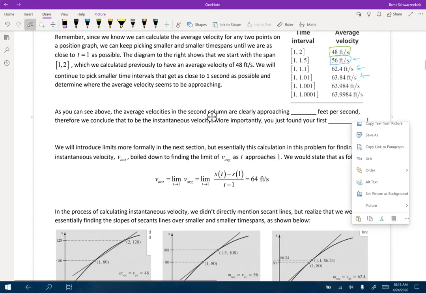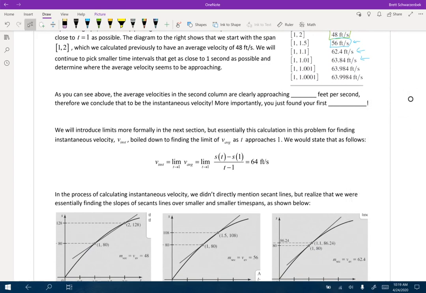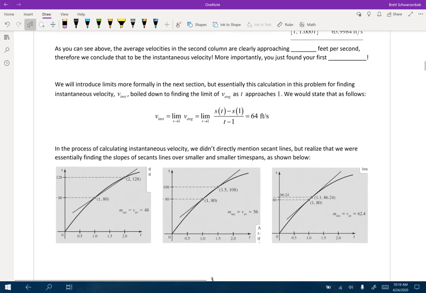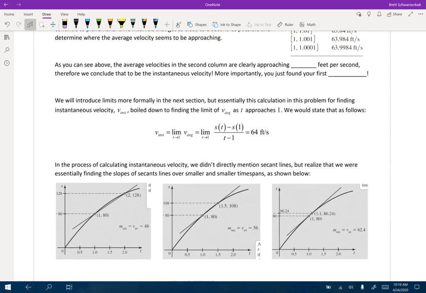So before we get anywhere with this, I want to show you a visual of this. Again, look at our rock example down here. Our initial calculation was from 1 to 2. So our line here, 1 to 2, 48 feet per second. Then I shrink it to 1 to 1.5. You can see these are going inwards right now, and I'm getting 56.